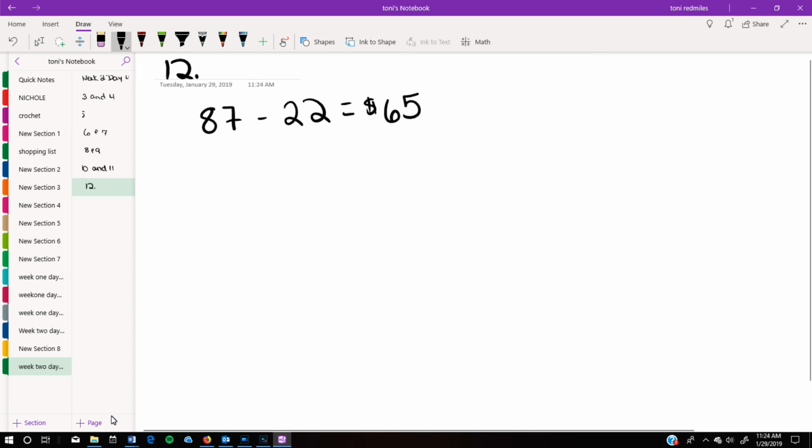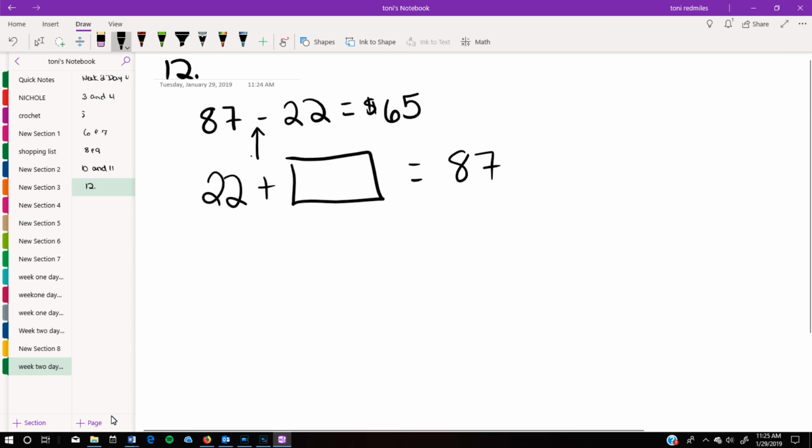So he had to have spent $65. Another way that I could express that is the $22 that he has left over plus whatever he spent would equal my 87. Look, these are opposite operations. The problem was asking us to subtract to find the answer, and we should all, in 2 seconds, get this one. But this one takes a little bit more thought.